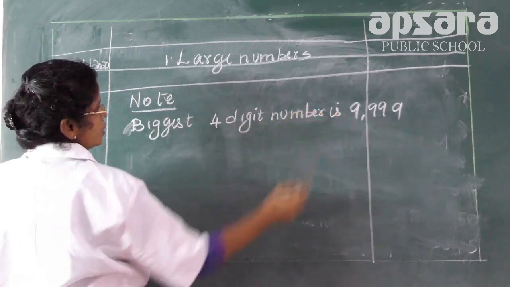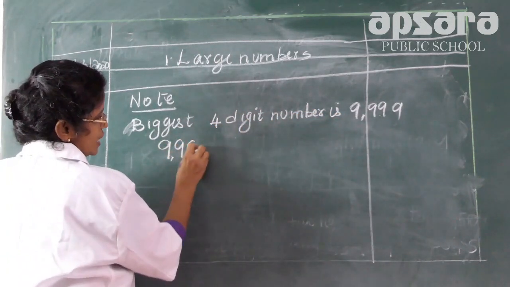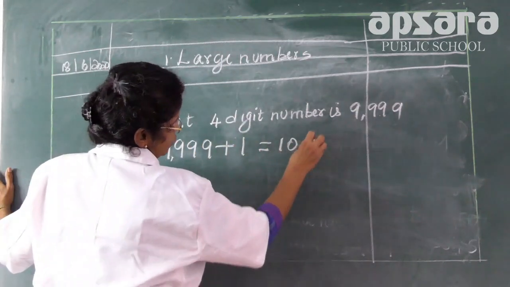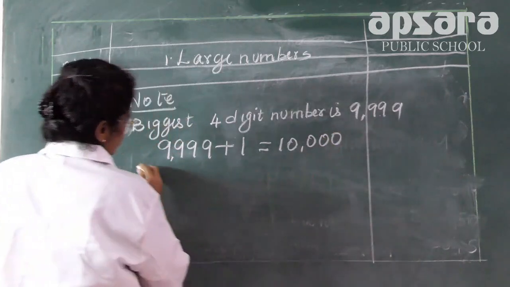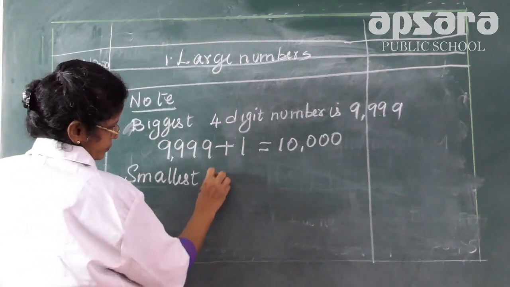Now, next, this is a continuation of it. Biggest 4-digit number is 9,999. So 9,999 plus 1, you get 10,000. So this is the smallest 5-digit number.